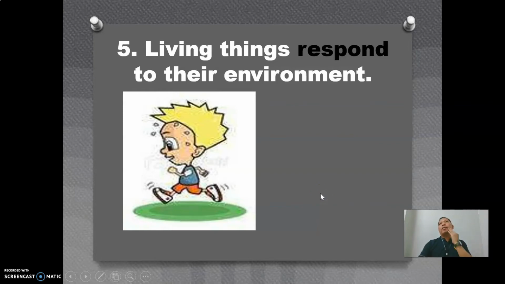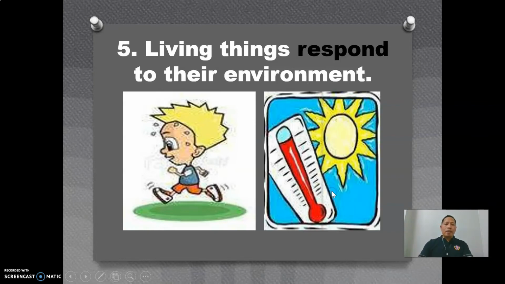It goes down because you work hard. That's a response to the environment. You feel hot at that time. The temperature rises and it becomes hotter, and you sweat. That means responding to stimuli, responding to the environment.